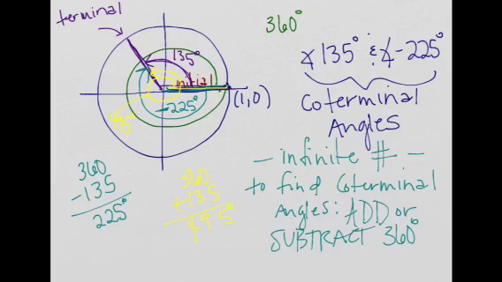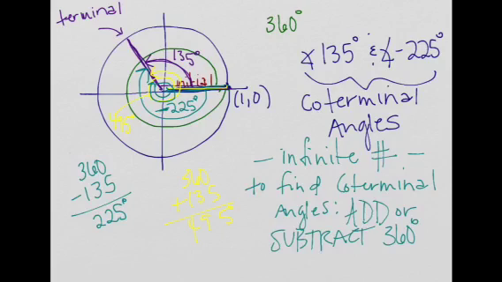So in the yellow there, I went counterclockwise in the positive direction. Well, I could do the same thing and go around once and then back around here, and I now have a negative coterminal angle, right? So I can add or subtract the 360 in order to determine coterminal angles, and I could go on and do that forever.